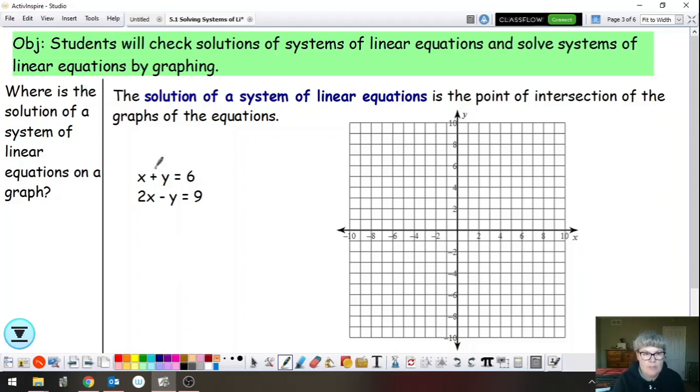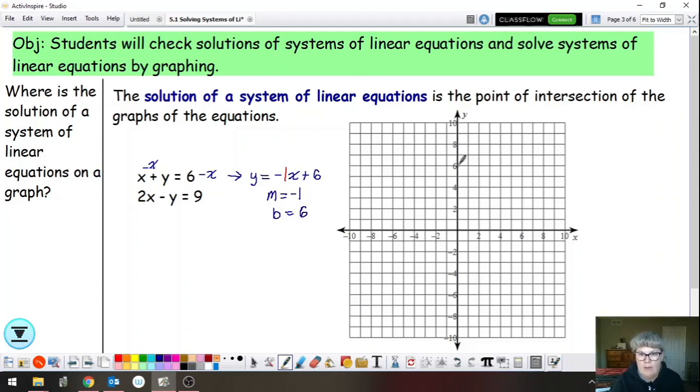So with the first equation, I'm going to subtract x from each side so that we have y equals negative x plus 6. And remember, when you have a negative in front of your x, that's like saying negative 1x. So the slope is going to be negative 1, and the y-intercept is going to be 6.